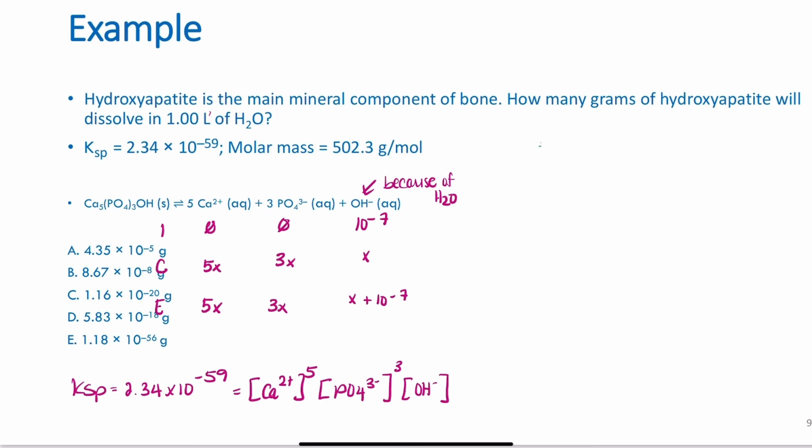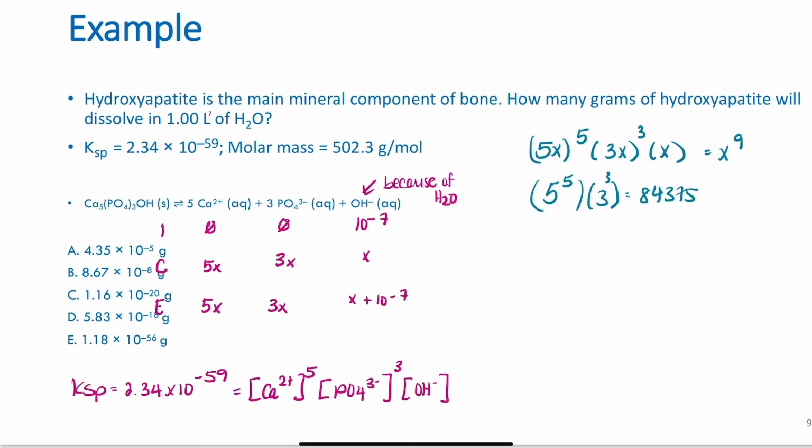We've got 5x to the fifth times 3x to the third times x. This gives me x to the ninth. The 5 to the fifth, the 3 to the third, that gives me 84375.